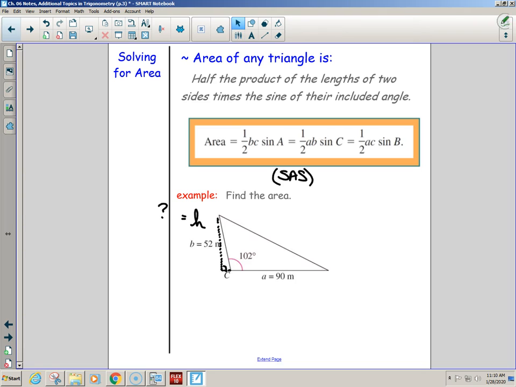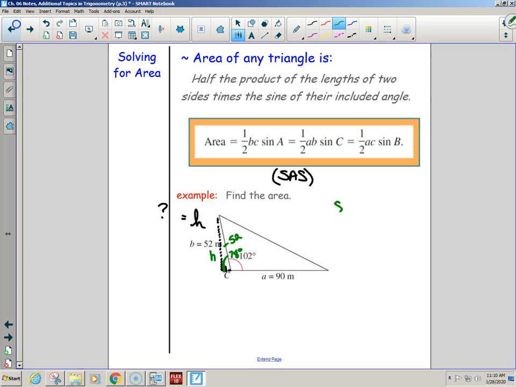But if you're one of those curious types, as the rest of your class is writing down what it is, I can show you where it came from, because we could talk about this as a little baby right triangle with this guy being 52, with this guy being our unknown h. We could do a quick geometry. Two angles are supplementary, so this missing guy would be 180 minus 102, which would end up being 78.